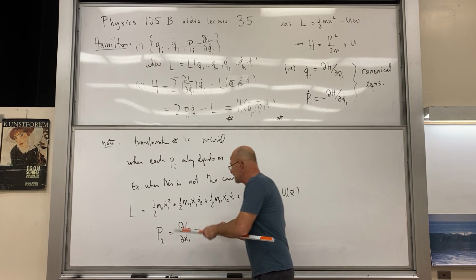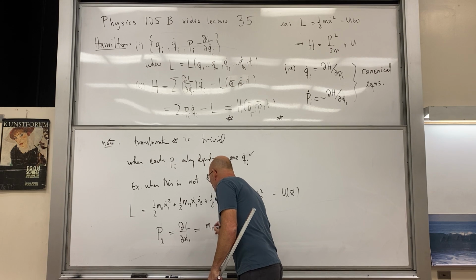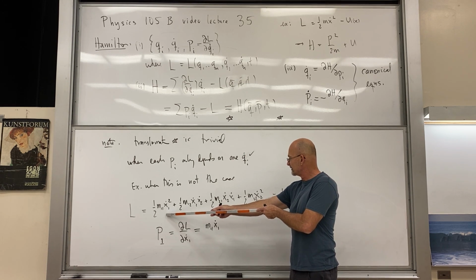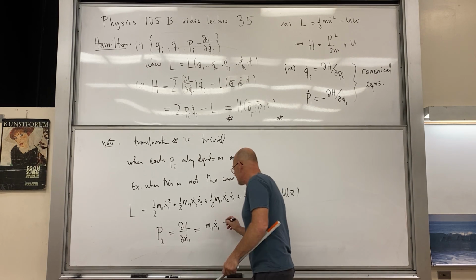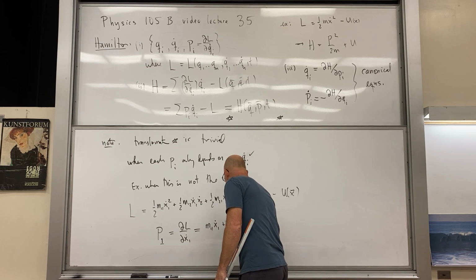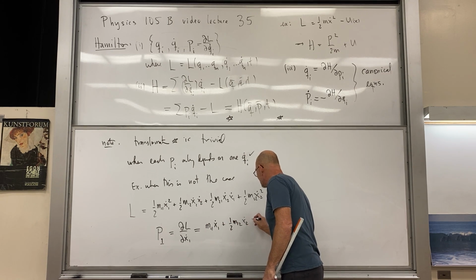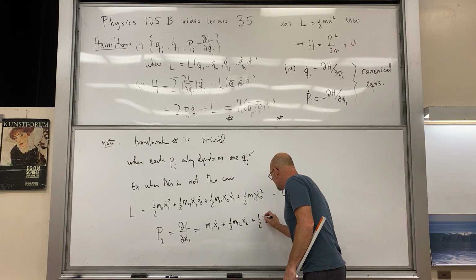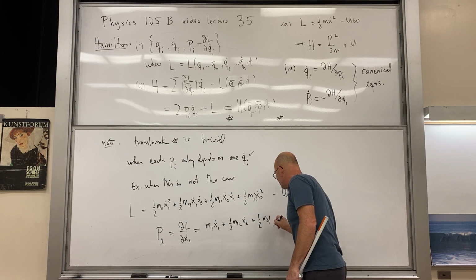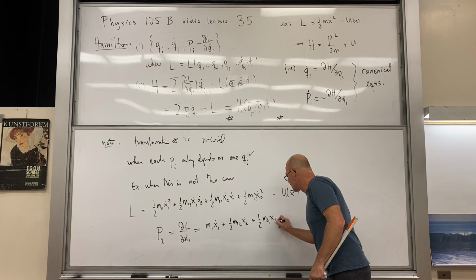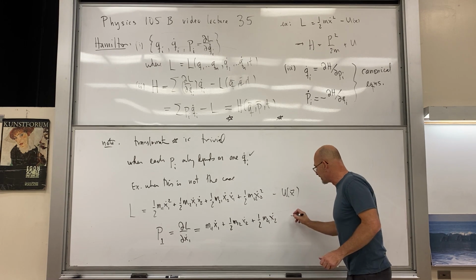And that would be M11 x1 dot, and that term there, and then plus 1/2 M12, differentiate the x1 dot, x2 dot, plus 1/2 M21 x2 dot. And that simplifies a bit, but only so much.